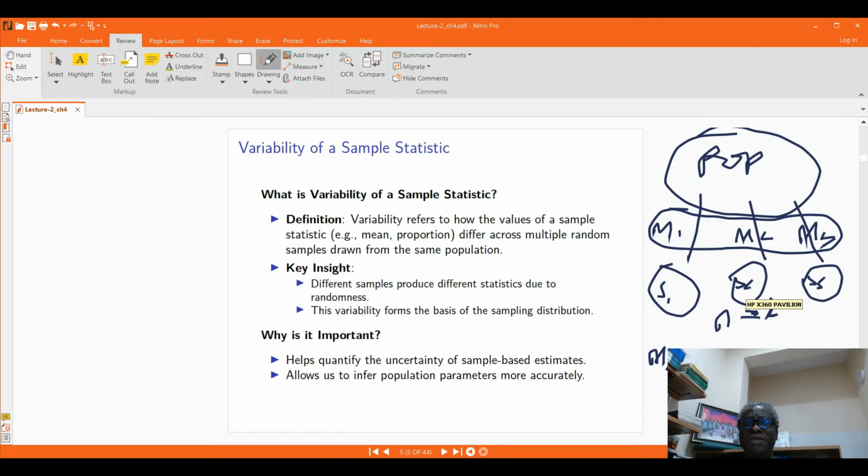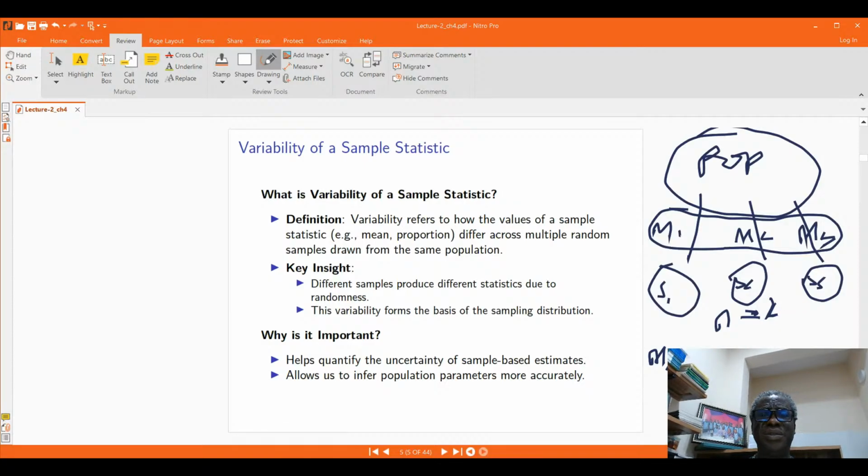So it simply refers to how that sample statistic differs across multiple random samples. All samples are drawn from the same population.